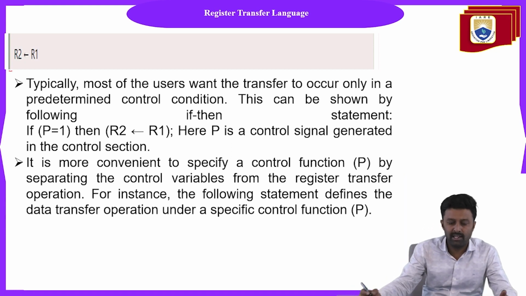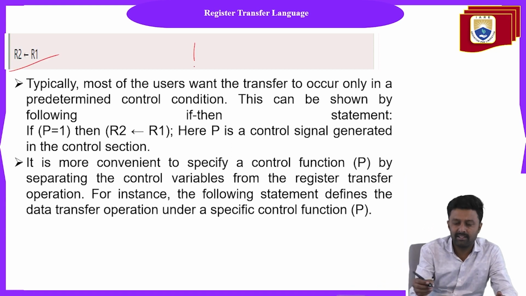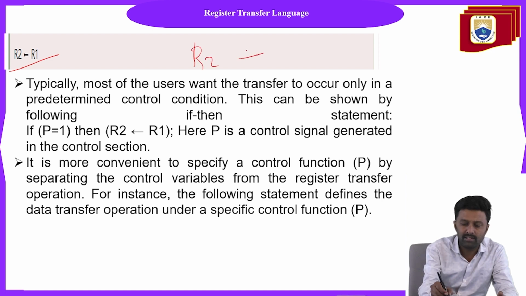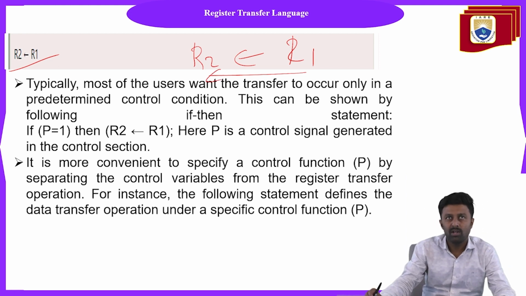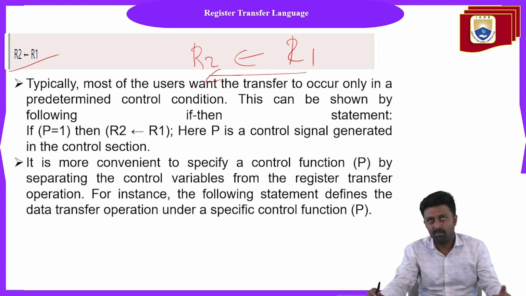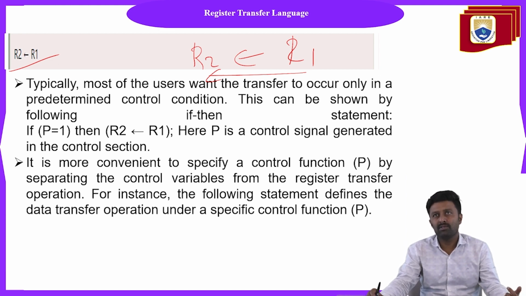Let us take an example of this. This will represent that the content of R1 is moved to R2. That is, R1 is the register, and its content is moved to R2. Typically the users want the transfer to occur only under a predetermined control condition.